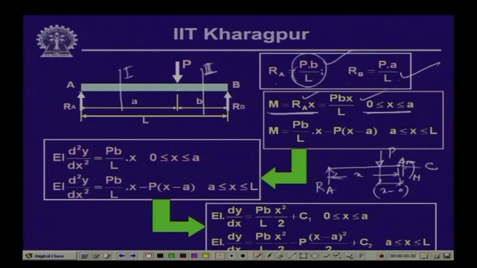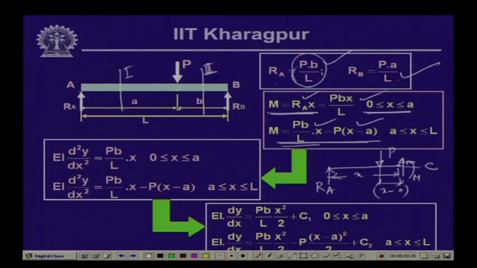Now, if we take the moment of all the forces with respect to the point C, the moment at C will be equal to R A times x, R A being P B by L, so P B by L times x minus P times x minus A. This is the expression for the bending moment, and it is valid between this point and the end of the beam.